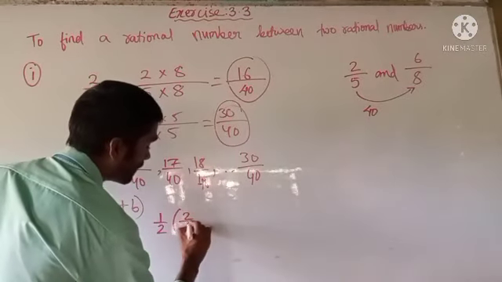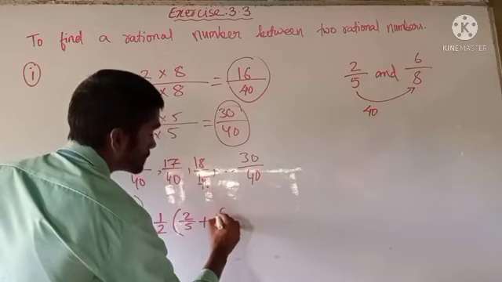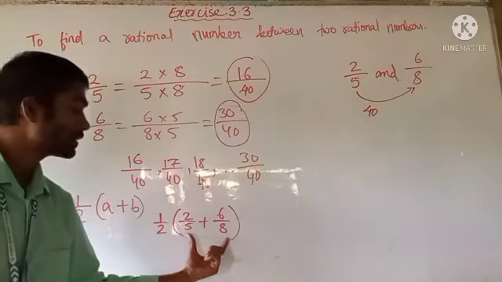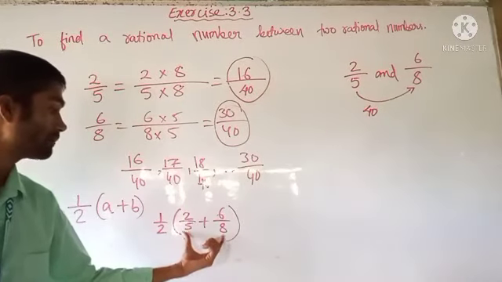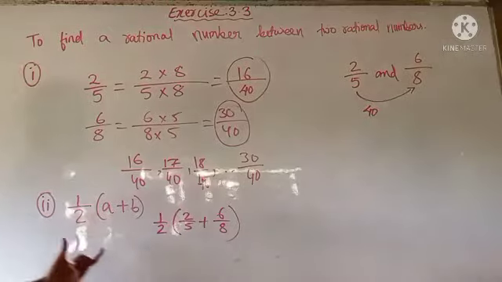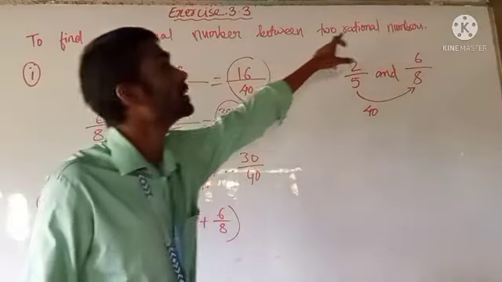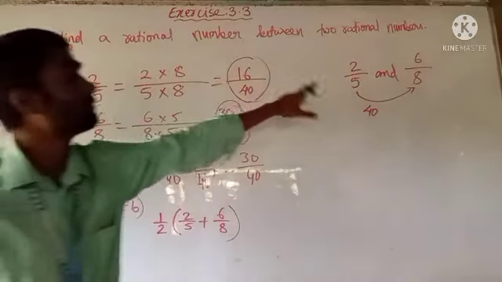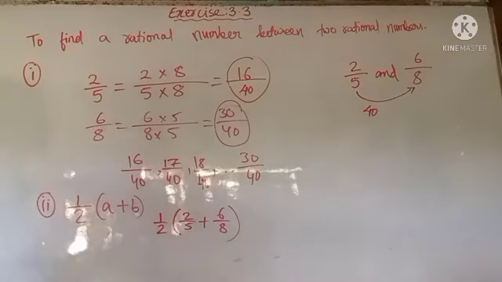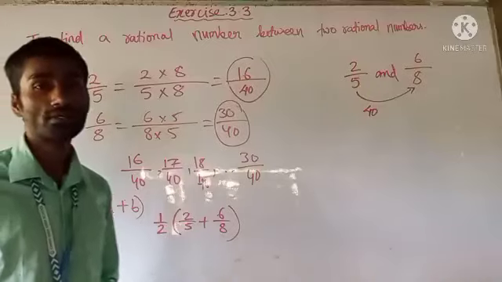So 2 by 5 plus 6 by 8. If we solve this, we will find the LCM and then solve. Whatever answer we get will be one of the rational numbers between 2 by 5 and 6 by 8. In this way, we can find a rational number between two given rational numbers.